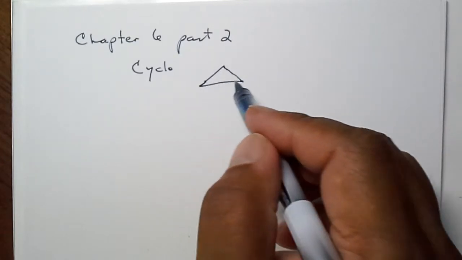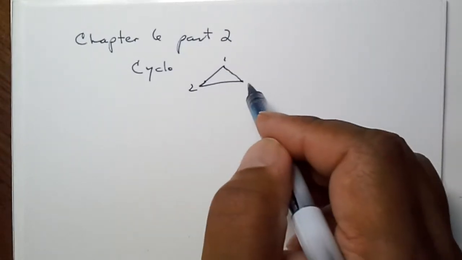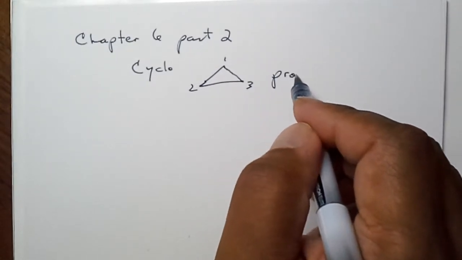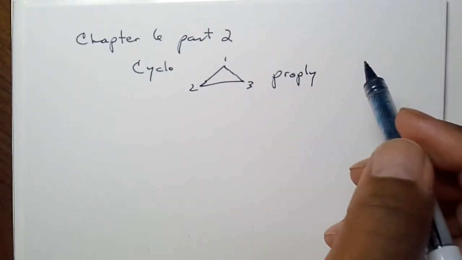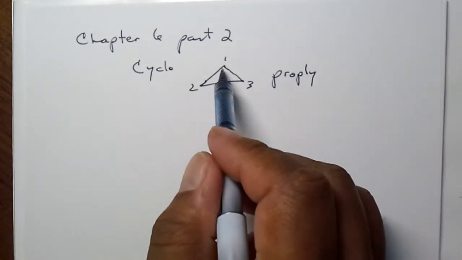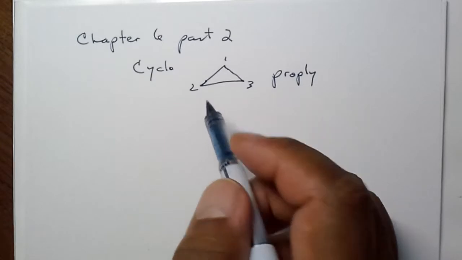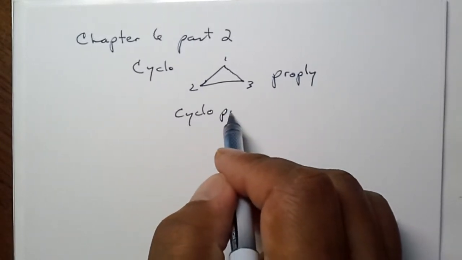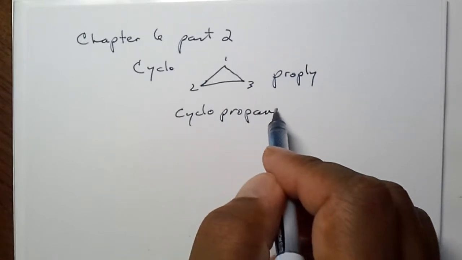When we have 1, 2, 3 carbons in the chain, we have what's called a propyl group. All right, and if it's in a ring structure, it's called cyclopropane.